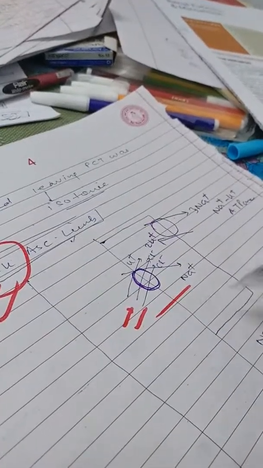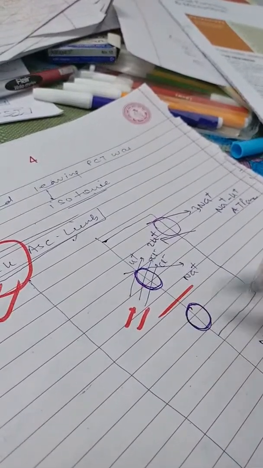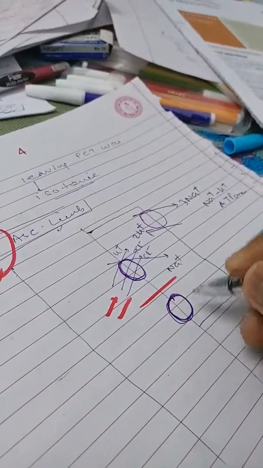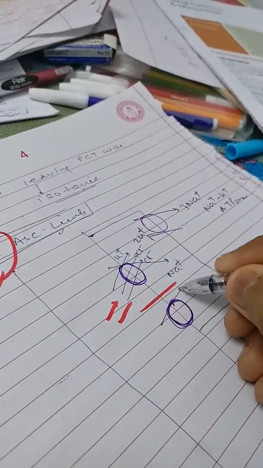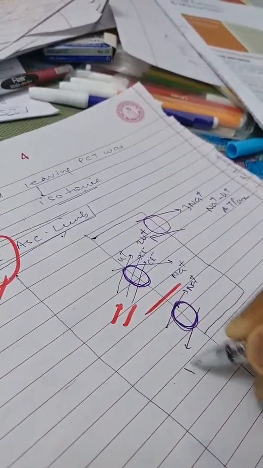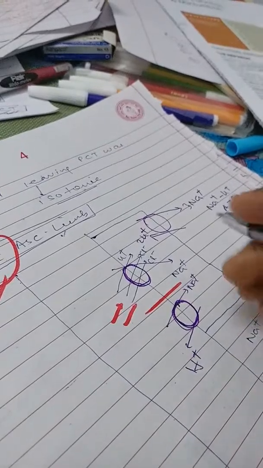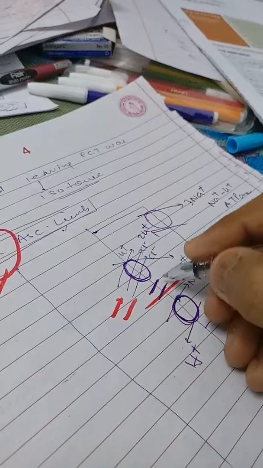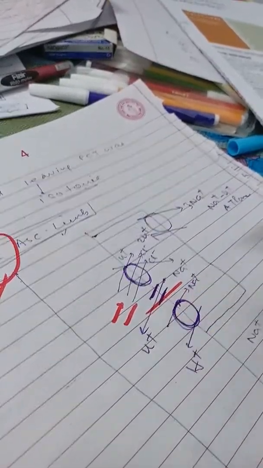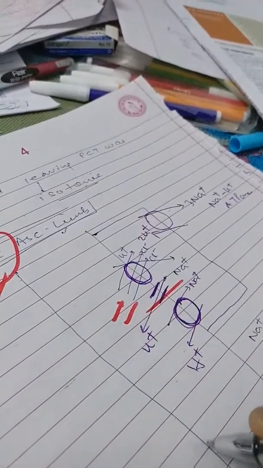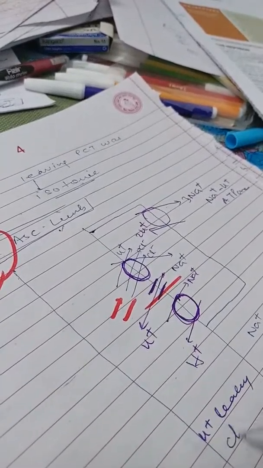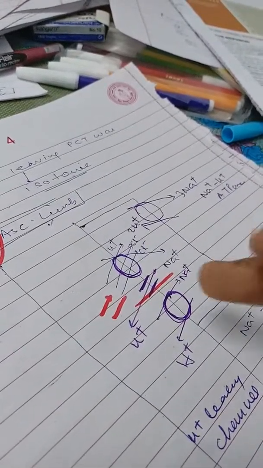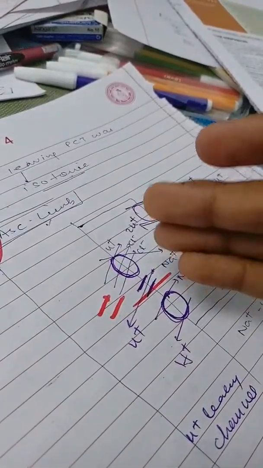One more important thing is that the thick ascending limb is very important with regard to transporters. Again, there is the sodium H plus antiporter, as we have seen in PCT. The most important one which I am going to draw is the potassium leaky channel. The same channel is present in PCT on the basolateral side, but in the thick ascending limb it is present on the apical side.